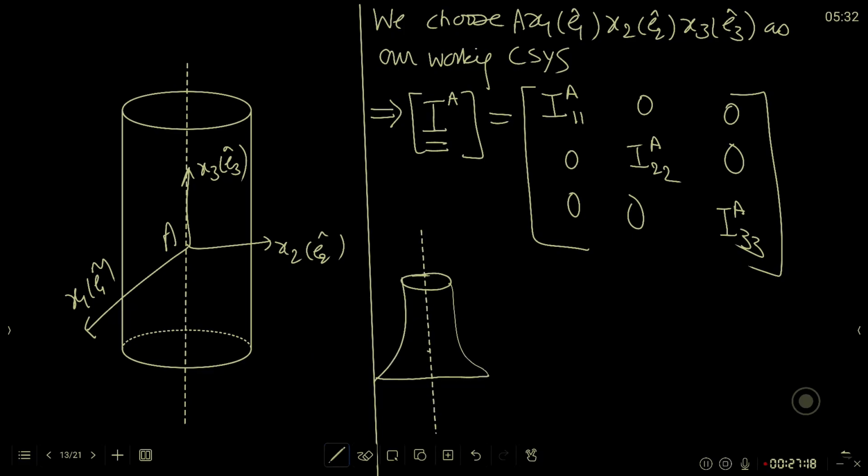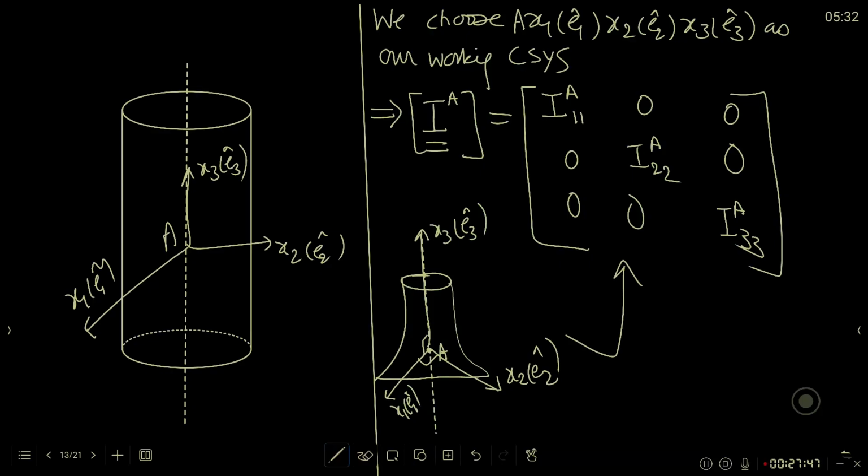Okay, in this case again you choose any axis as x1 e1 which is perpendicular to this, call this x3 e3, choose this perpendicular, choose another axis perpendicular to this, it will give the same thing. The inertia matrix is a diagonal matrix.